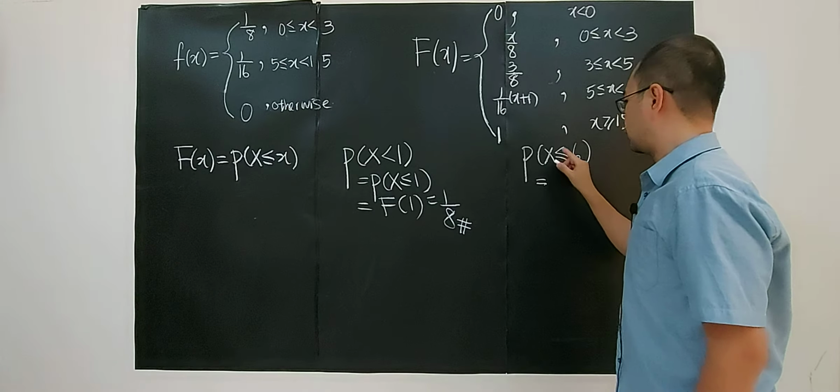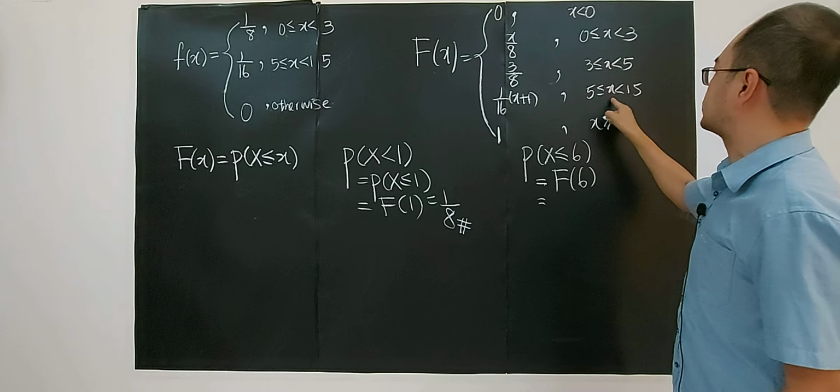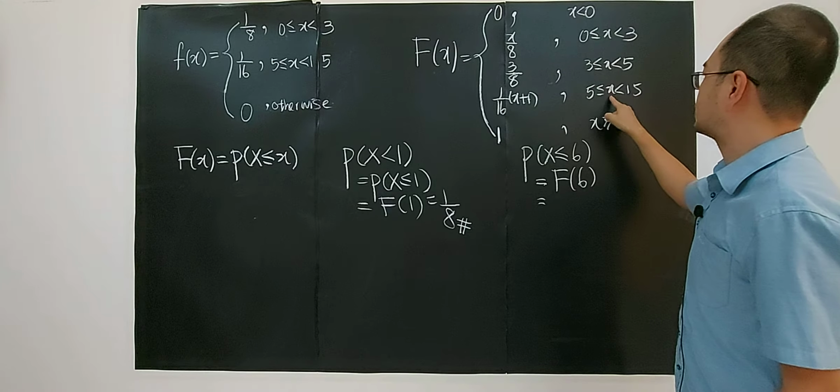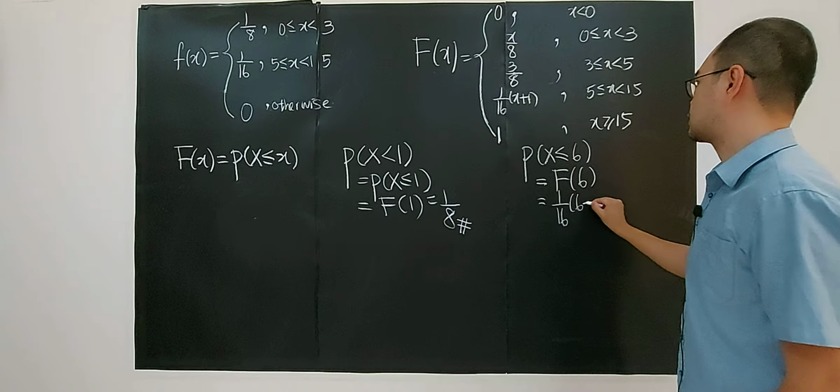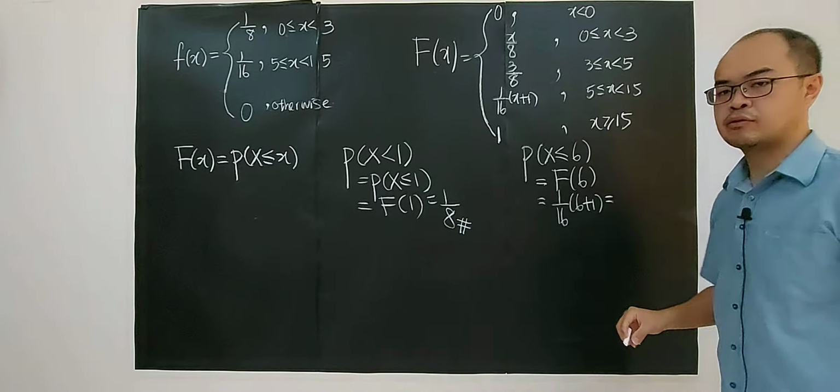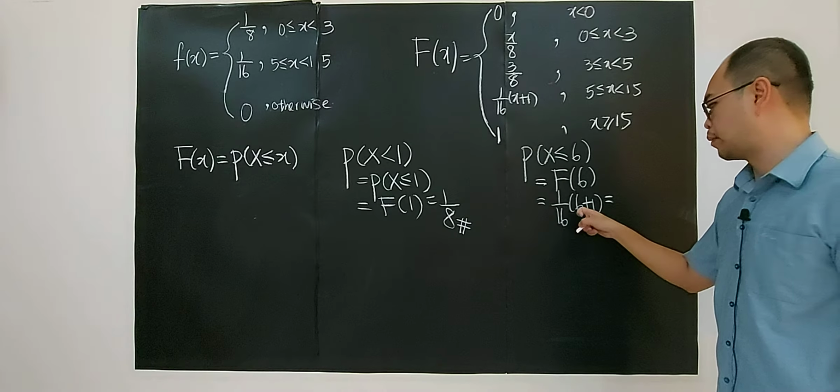Then you look at the 6 here. 6 is in between 5 and 15, so I substitute the 6 into this function. It's 1 over 16, times 6 plus 1, so 7 over 16. This will be your answer.